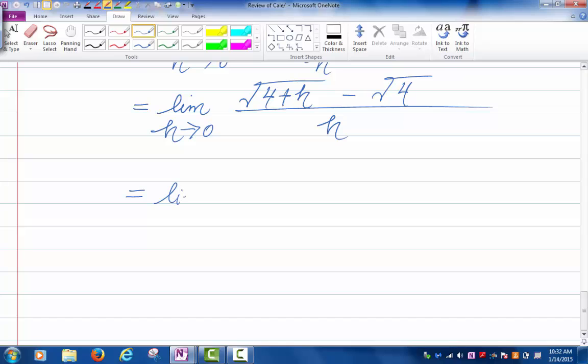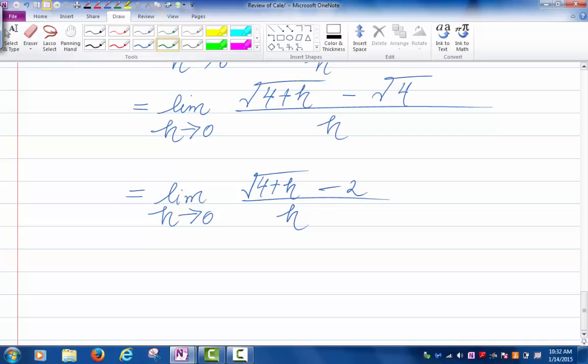And then what? Well, then it's a usual limit problem. So I get basically root of 4 plus h minus 2 divided by h.